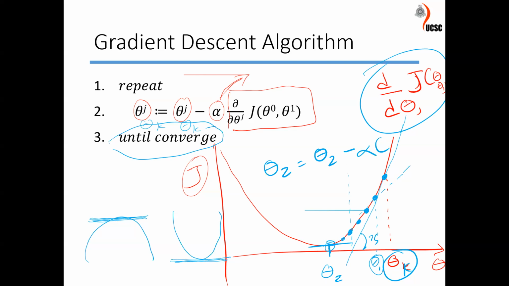Now the gradient is zero because you are in a minimum. If you draw a tangent for a minimum, the gradient will be zero. So theta won't update, theta remains as theta. That's why it comes to convergence.